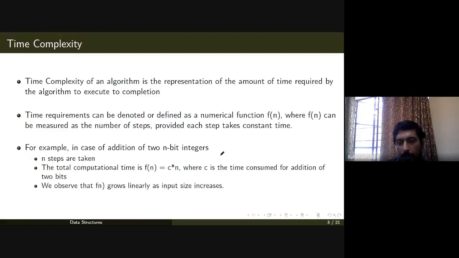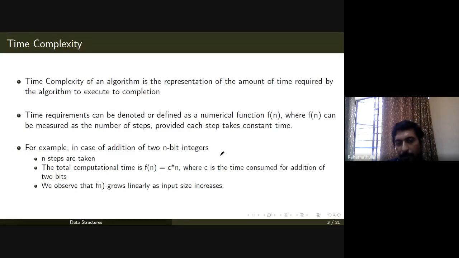or some unit time. Then we may write it as f of n equal to n, or we observe that the function f of n is growing linearly as the input size increases. So f of n equal to n, or f of n equal to 10n, or f of n equal to 10n plus 2, whatever it may be.